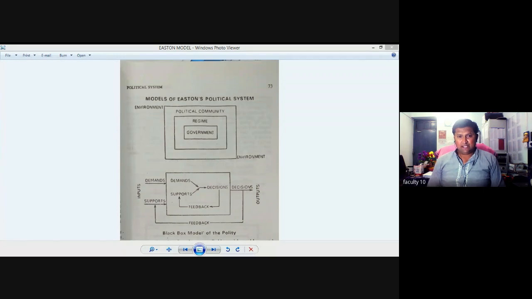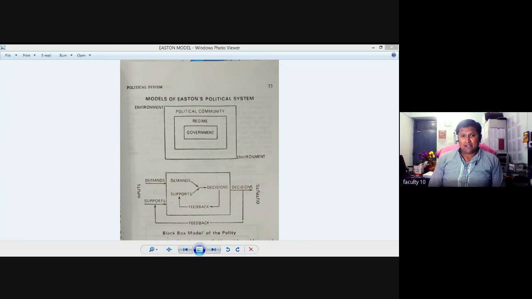Now you can see the picture of the model of Easton's political system. You can see the environment is outside the political community, and in the political community you will find various kinds of regime, and government is within the regime, right?